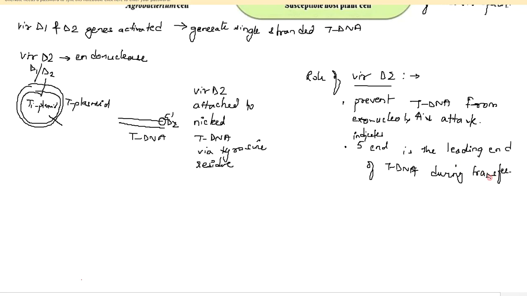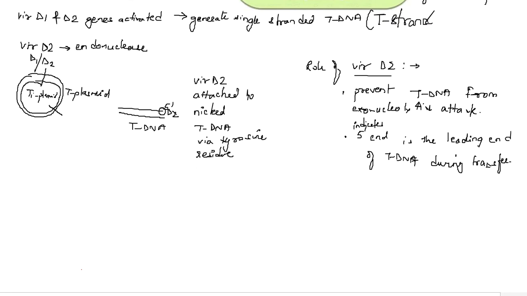Got it? So I again recall the role of VirD1 and D2. VirD1 and D2 are responsible for generating the single stranded T-DNA, and this single stranded T-DNA is known as the T strand. D2, especially, acts as an endonuclease.